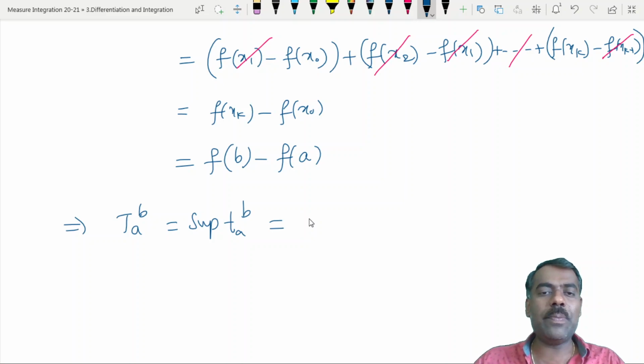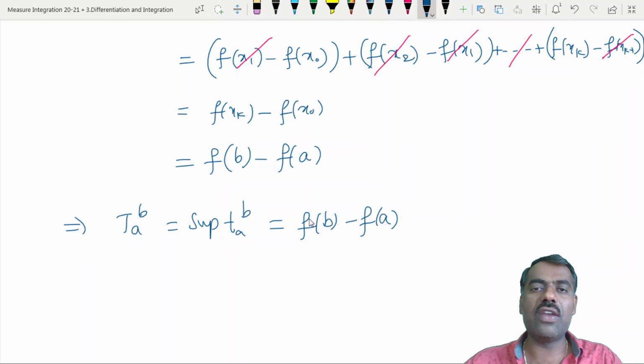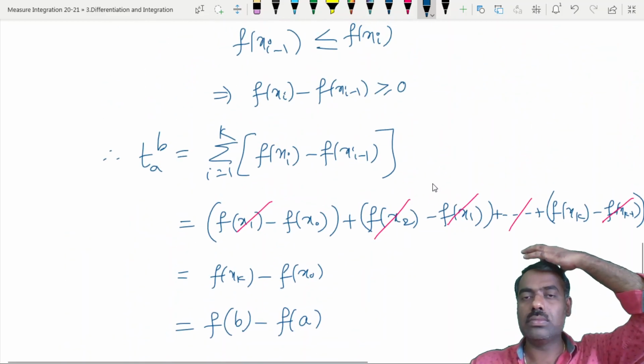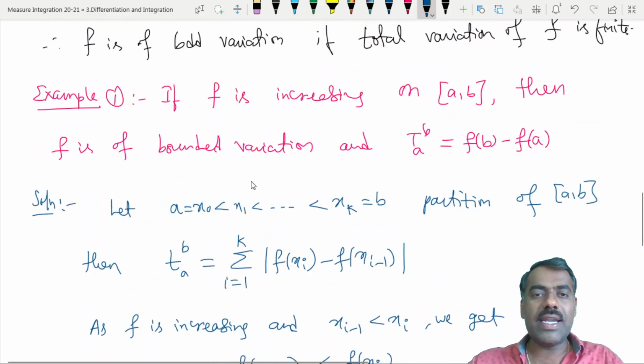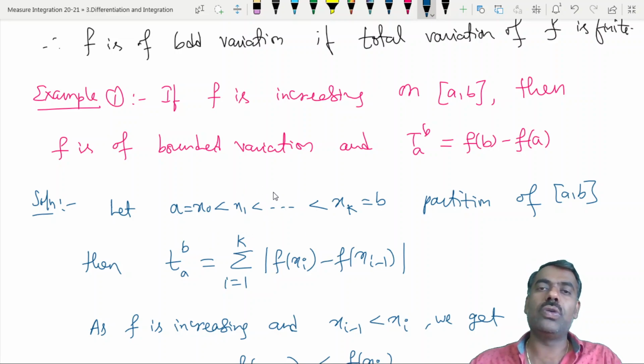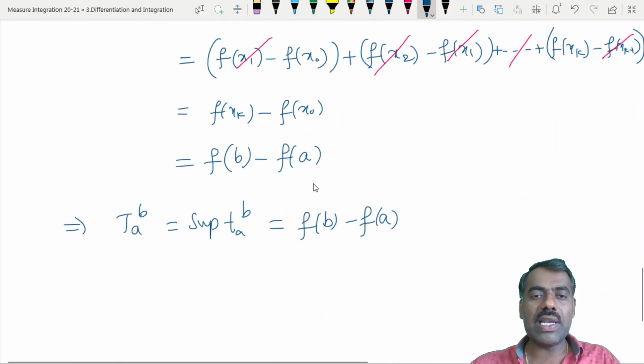This implies our T a b, which is equal to the supremum of these values, is the same as f of b minus f of a, because here it is not depending on the partition. Are you following? The value we got here is not depending on these xi's, except the starting point and end point. In between it is not depending. So no matter which partition you take of this a comma b, this value is always the same, f of b minus f of a.